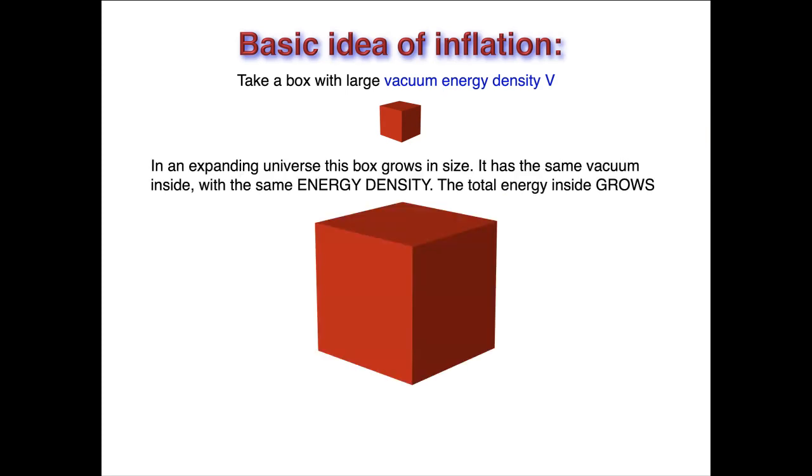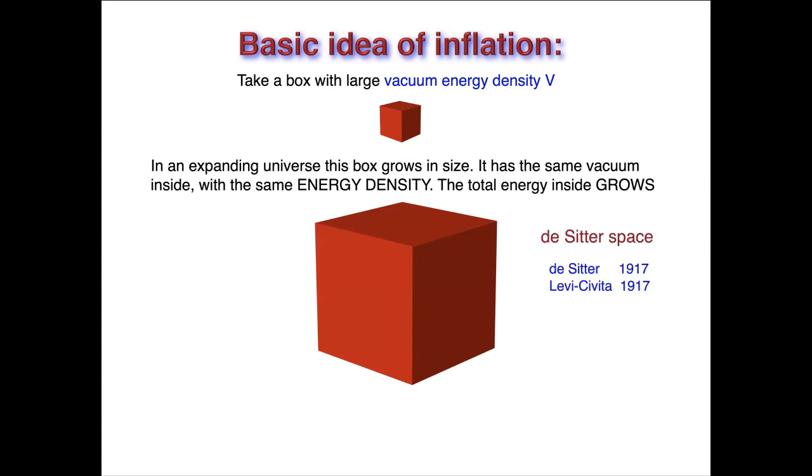And then we wait a little bit. And if this box continues to expand, what is inside this box? Because the universe expands. So if there is just this vacuum, then the energy density is the same because it's vacuum. For any vacuum, you can give its energy density. But then the box is growing, so the total energy inside this box grows exponentially.